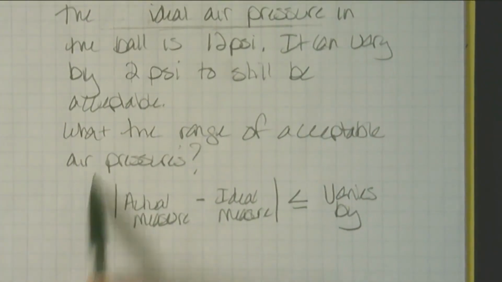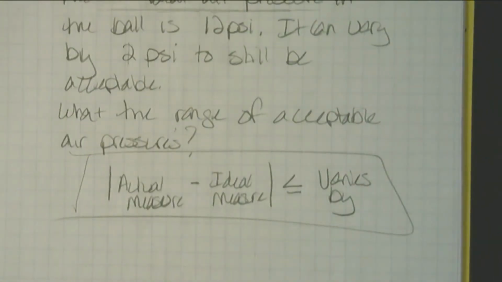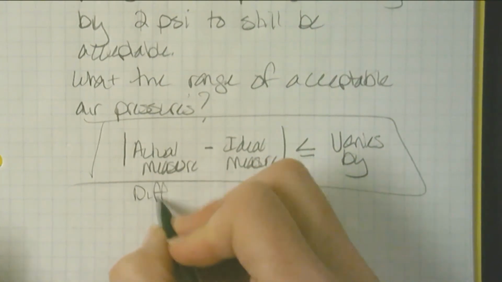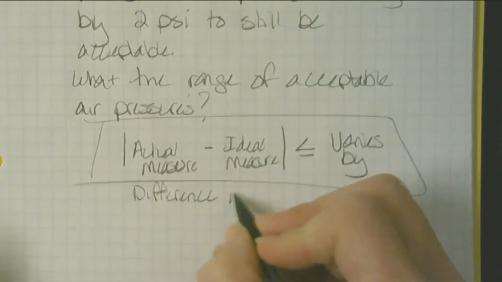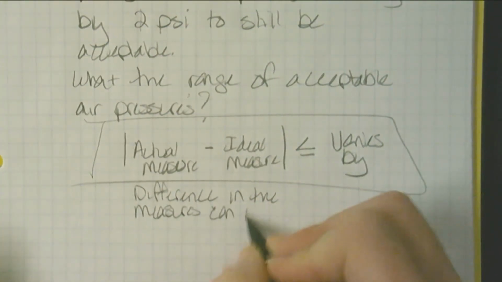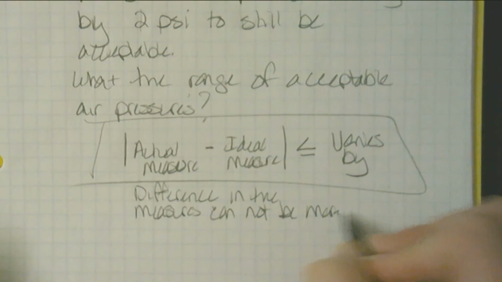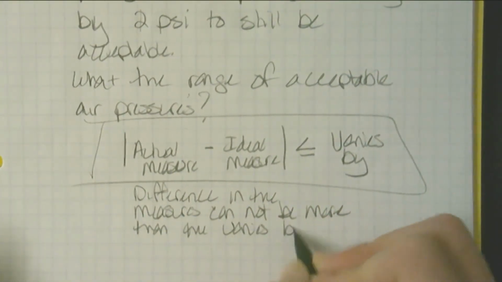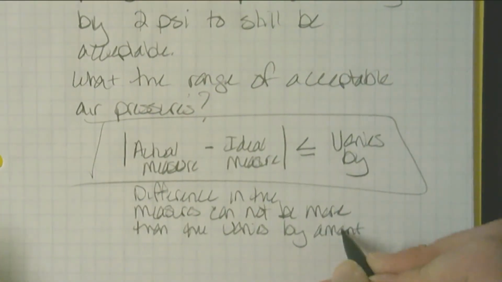Because it can't be any more than that varies by. So the difference in the measures cannot be more than the varies by amount. That's what that means.